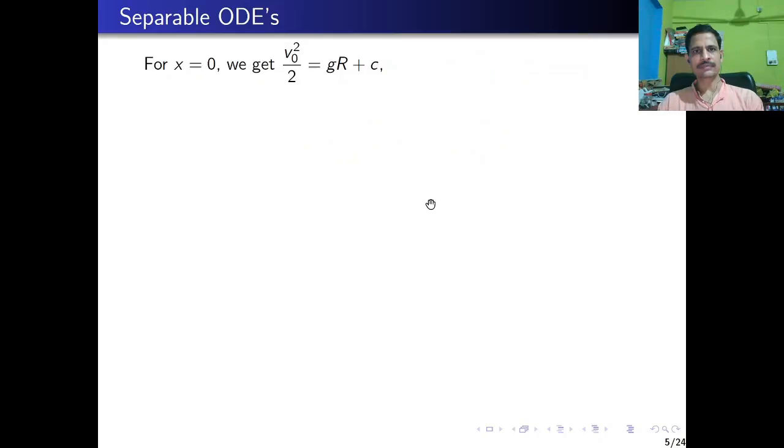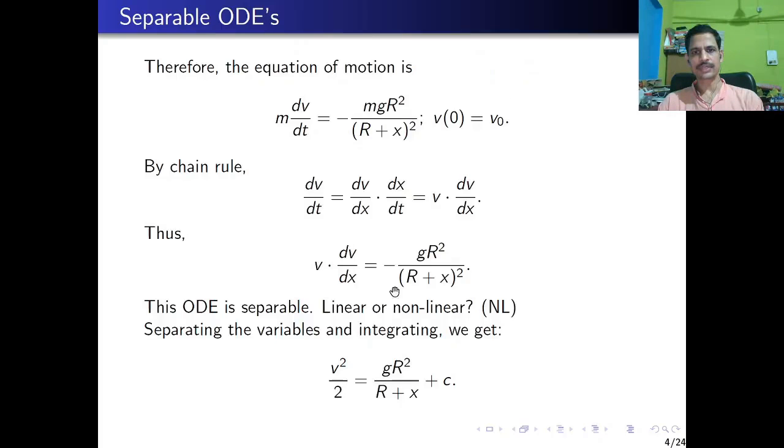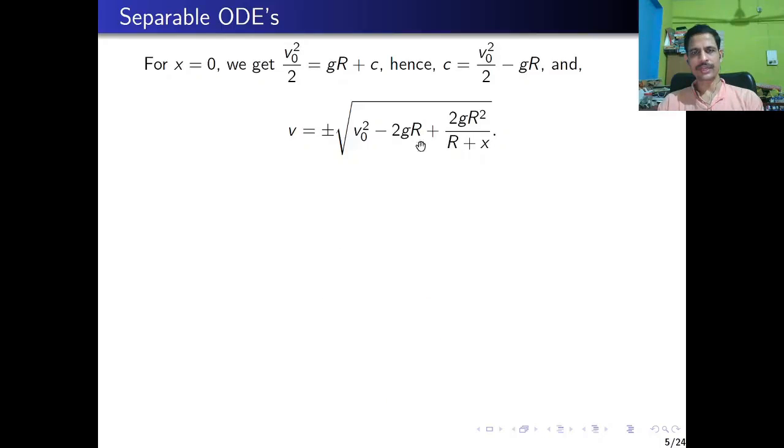Clearly you can see that when you substitute it here, there's a v square by 2 here, there will be v0 square by 2, and so on. So all this you substitute and simplify, you will get this relation. So v will be given by plus minus square root of v0 square minus 2g r plus 2g r square divided by r plus x, the whole square root.